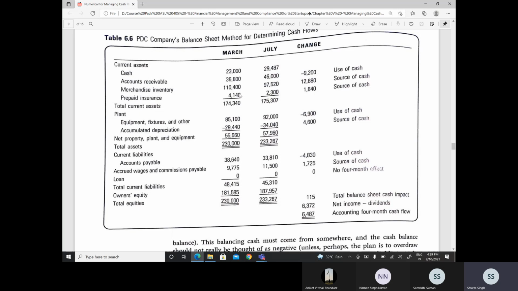Prepaid insurance has also come down from 4,140 to 2,300, which means that we have again released 1,840 of cash. Basically, any increase in current assets shows that we have used up cash. Any decrease shows up that we have freed up cash.